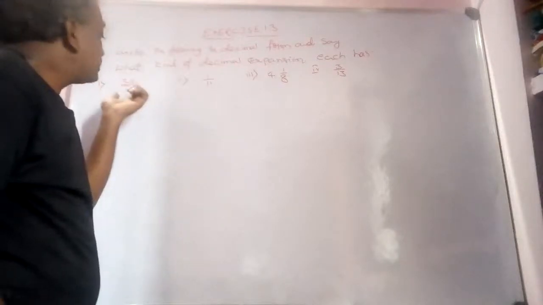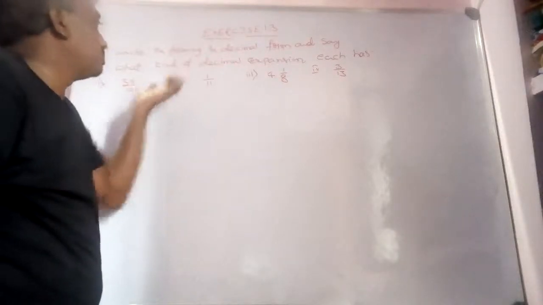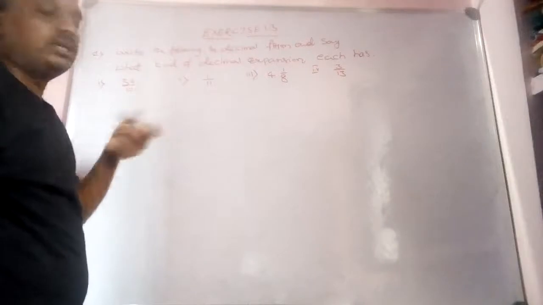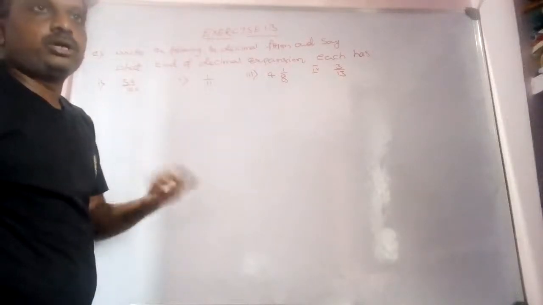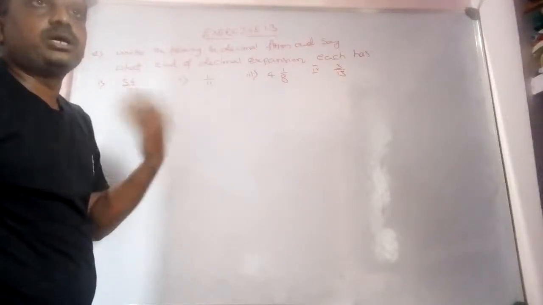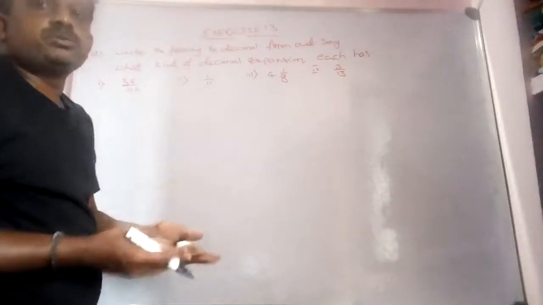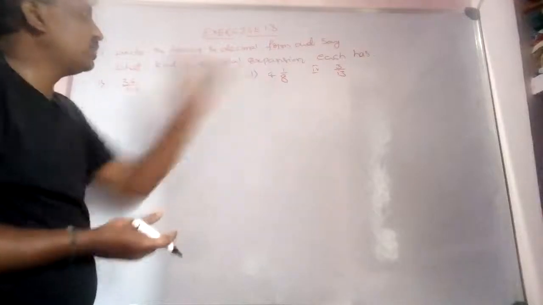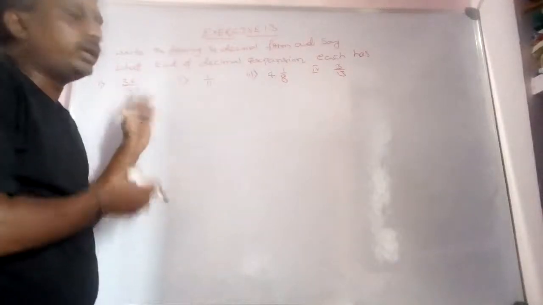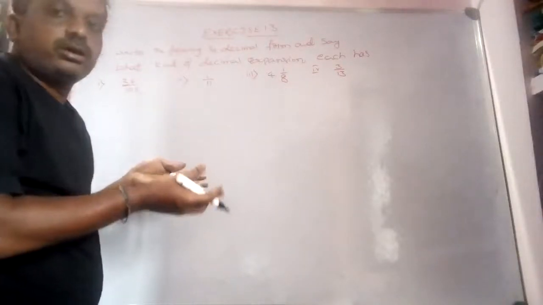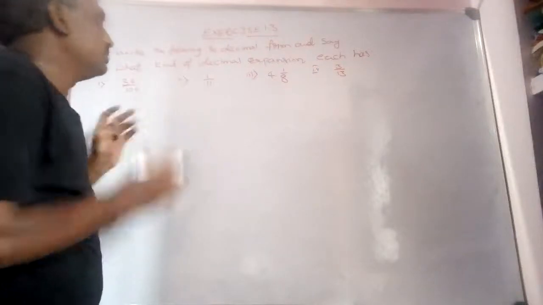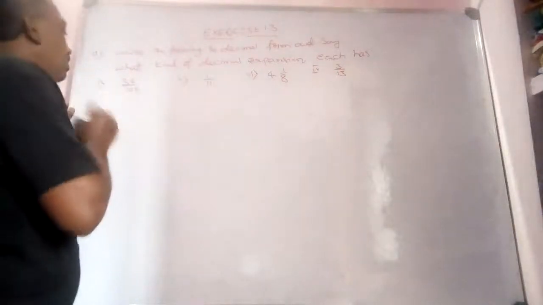They are asking which type of decimal expansion: terminating, non-terminating recurring, or non-terminating non-repeating. Non-terminating non-repeating decimals do not occur here because these are rational numbers. We simply get terminating or non-terminating recurring decimals.